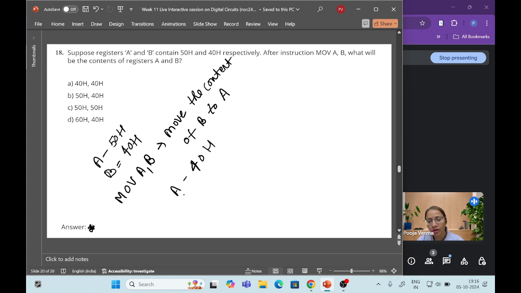B already had 40 and the accumulator is also 40. So after this operation, both A and B contain 40H. So option A is the correct answer for this question.